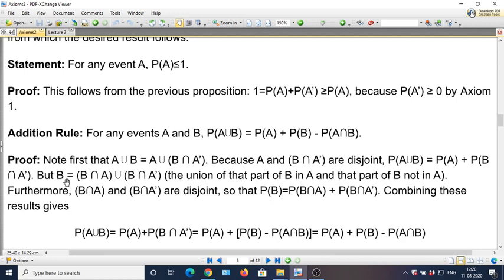P of B can be written as P of B intersection A plus P of B intersection A complement.